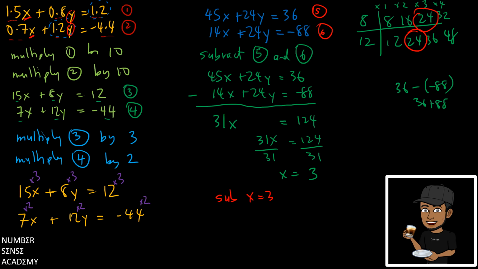I'm just going to go with the equation where everything is positive. So I'm going to sub in 3. So I have 15 times 3 plus 8y equals 12. So I have 45 plus 8y equals 12. I have 8y equals 12 minus 45.